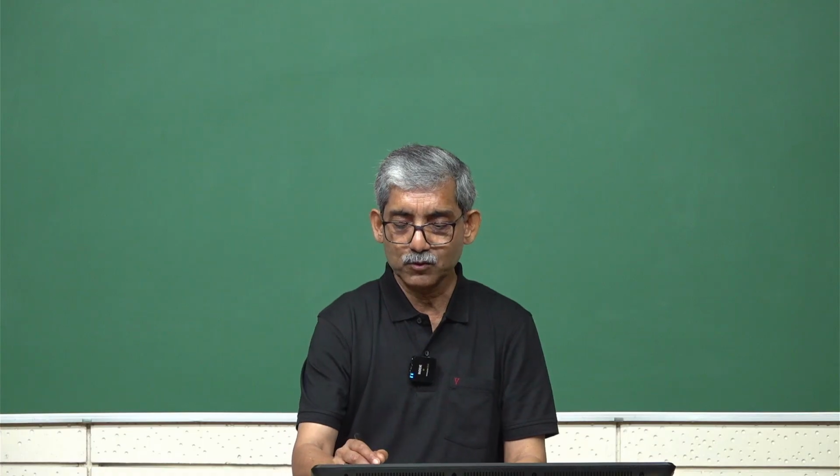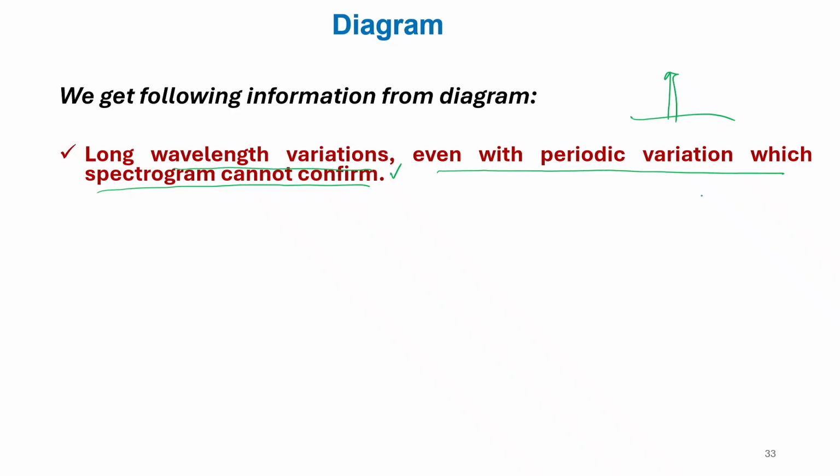Suppose we are testing in an electronic tester like the Uster Evenness tester, say 400 meter. If the wavelength is say 200, then the number of repeats will be 2, which the spectrogram will not be able to identify.